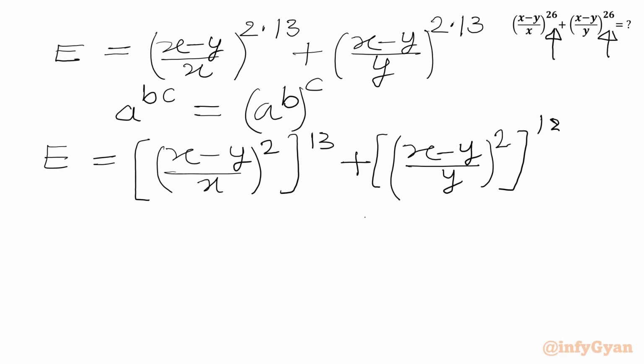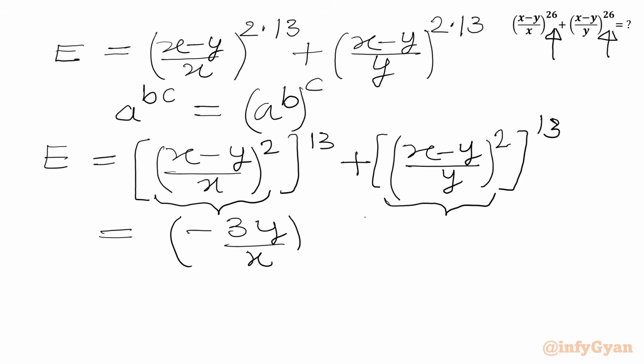Now we can replace x minus y over x whole square and x minus y over y whole square. Here we'll be writing minus 3y over x whole power 13, and here we can write minus 3x over y with whole power 13.